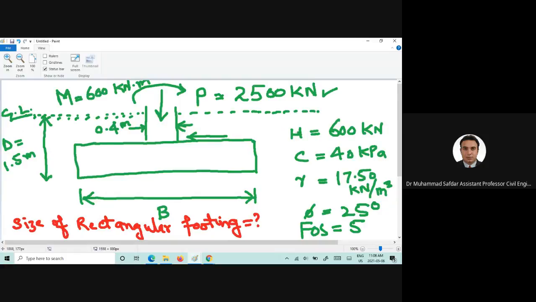The horizontal load which is applied onto this column here is equal to 600 kilonewton, and the cohesion is 40 kilopascal, and the unit weight of the soil is 17.5 kilonewton per cubic meter. The friction angle value is 25 degrees and the factor of safety is equal to 5.